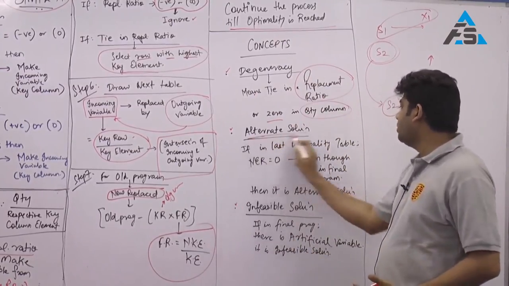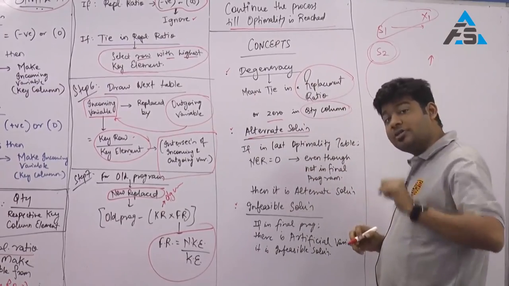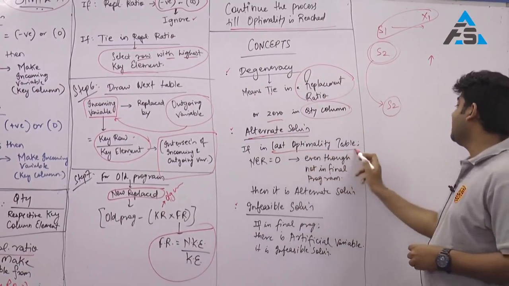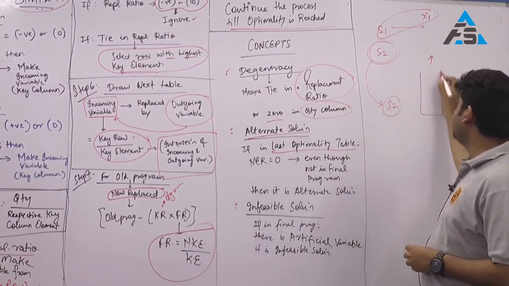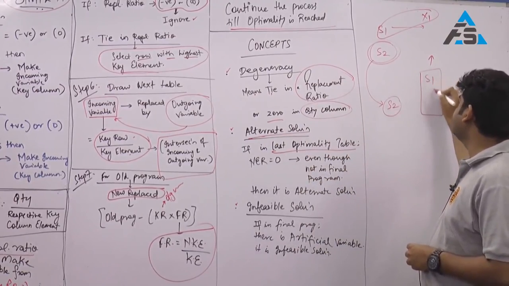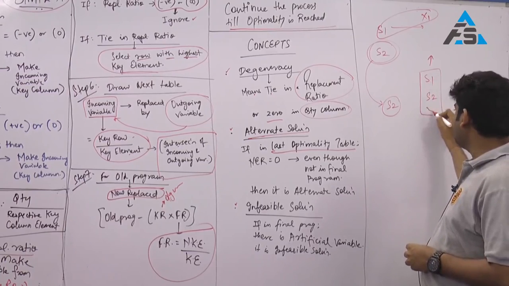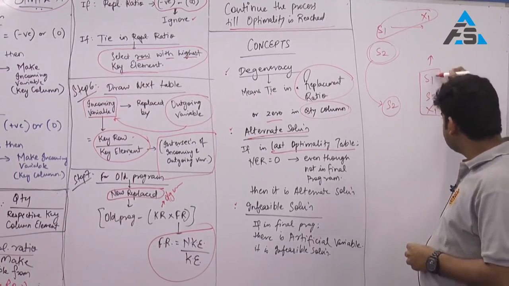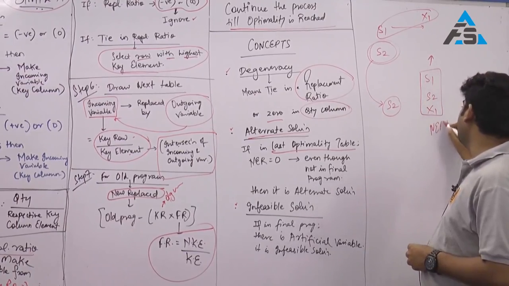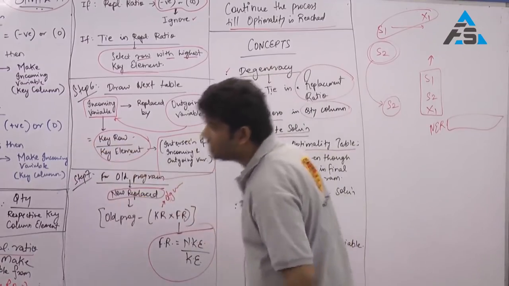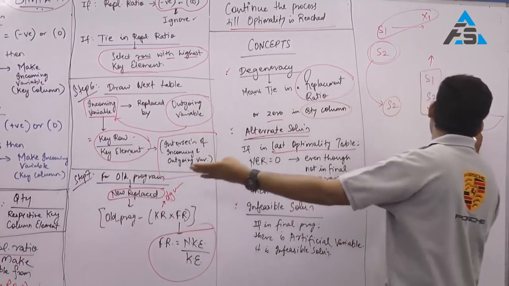Second concept is alternate solution. When do you know that there is an alternate solution? When in your last optimality table, as in the optimality table which gives you the final answer, say for example S1, S2 and say there is X1. So this gives you a NER which, in case of a maximization type problem, should be less than or equal to 0.